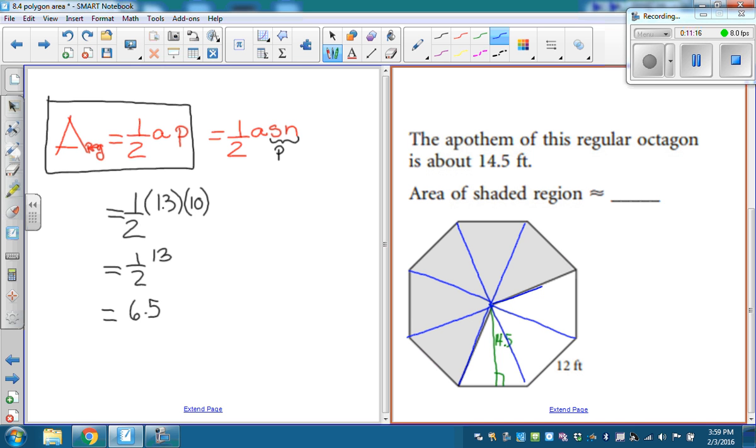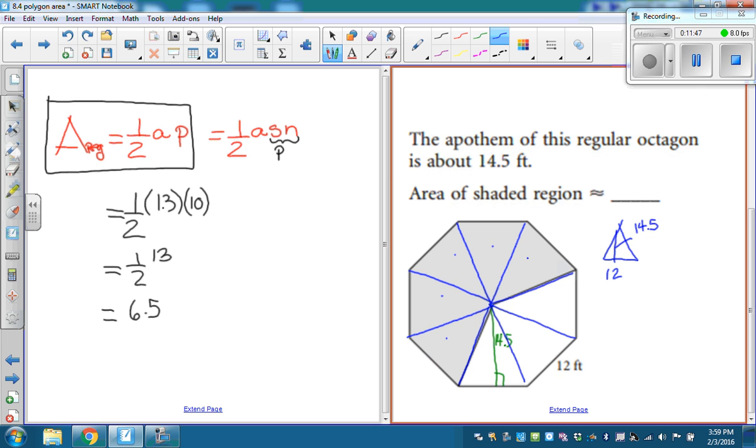And there they are. And then I would figure out what fraction of the area is shaded, and there's 5 triangles that are shaded. So here you can just do the area of one triangle, and this is 12 by 14.5.